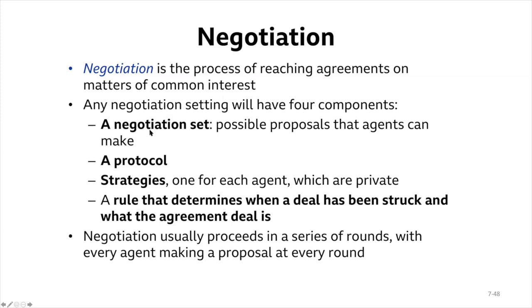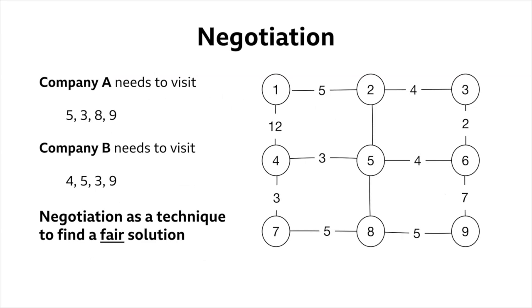So the first thing is what's called the negotiation set. This is the space of possible deals that the agents can make. So the negotiation set in this sense consists of all the different ways that these tasks that the agents are given could be reallocated amongst those two agents.